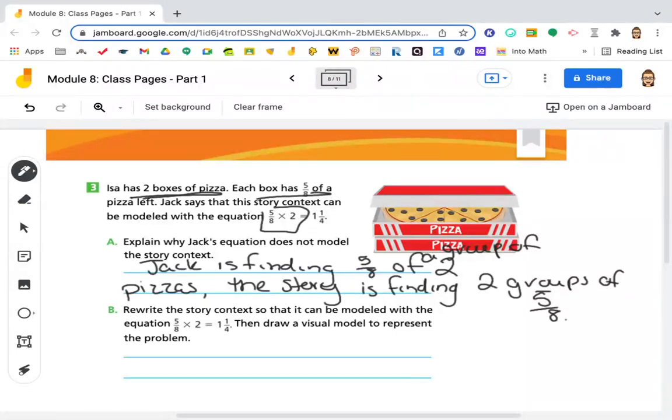So it says rewrite the story context so it can be modeled with the equation 5/8 times 2 equals 1 and 1/4, and draw a visual model to represent the problem. So we could still say that Isa has 2 boxes of pizza.